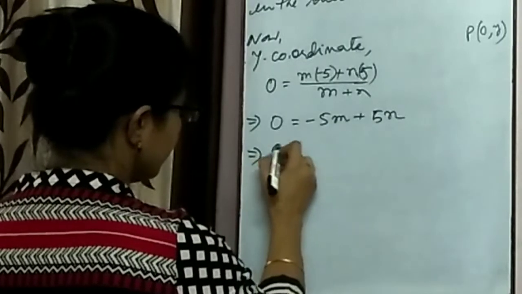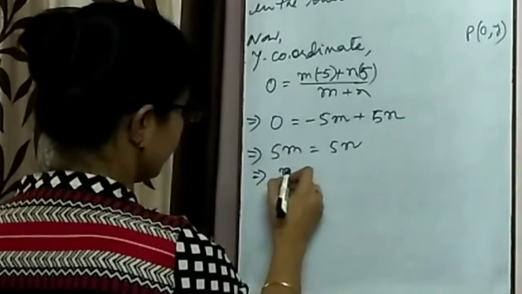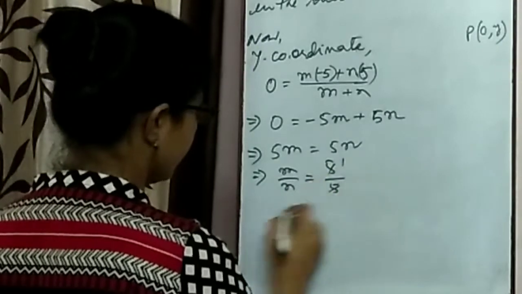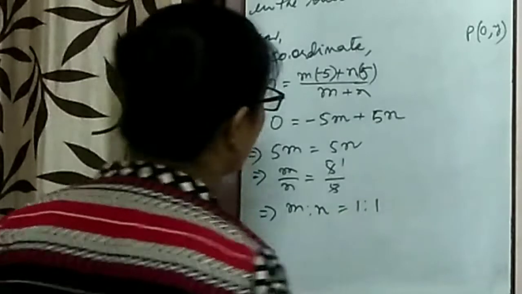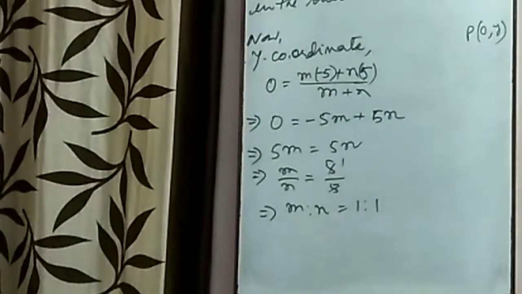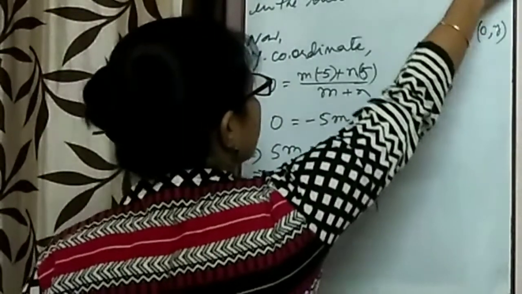Minus 5m, you shift here. So the ratio is 1 is to 1. If it is 1:1, now you find the coordinate of this.